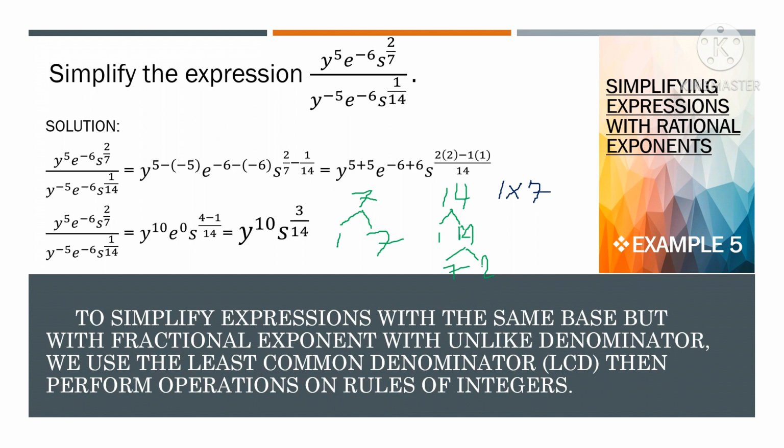Times, ano na lang naiwan? Si 2. So, 1 times 7 is equal to 7, 7 times 2 is equal to 14. Kaya po ang LCD niya po ay 14. Ganun po ang prime factorization para mahanap po ang LCD. Yan po nanggaling si 14.